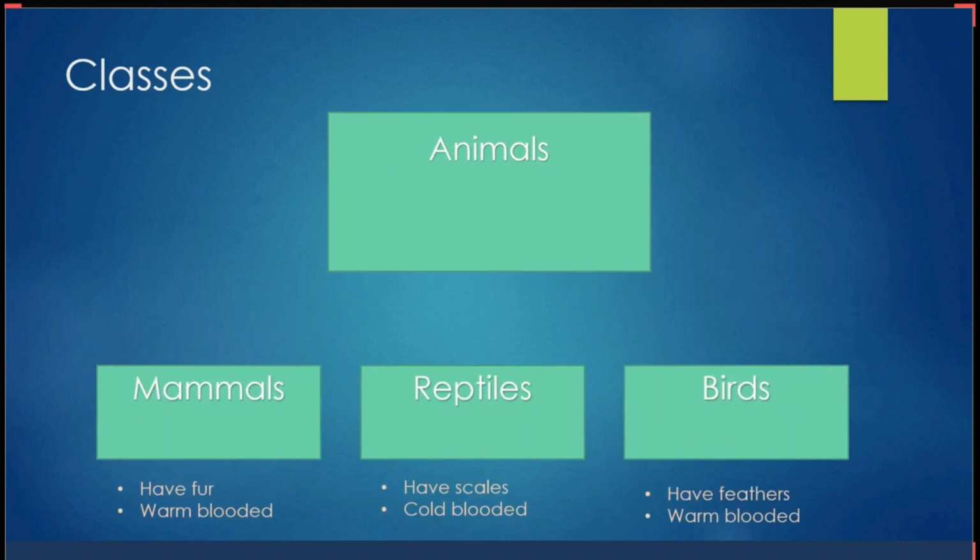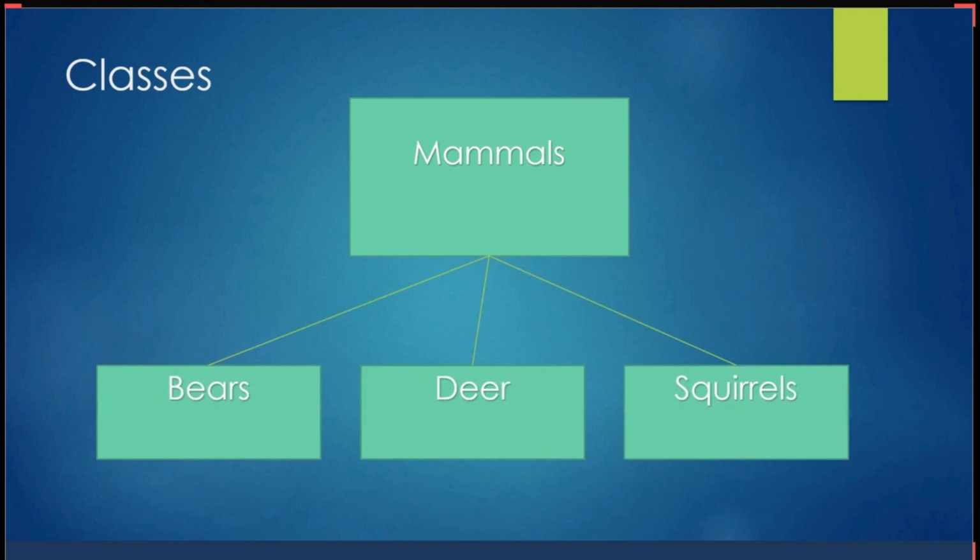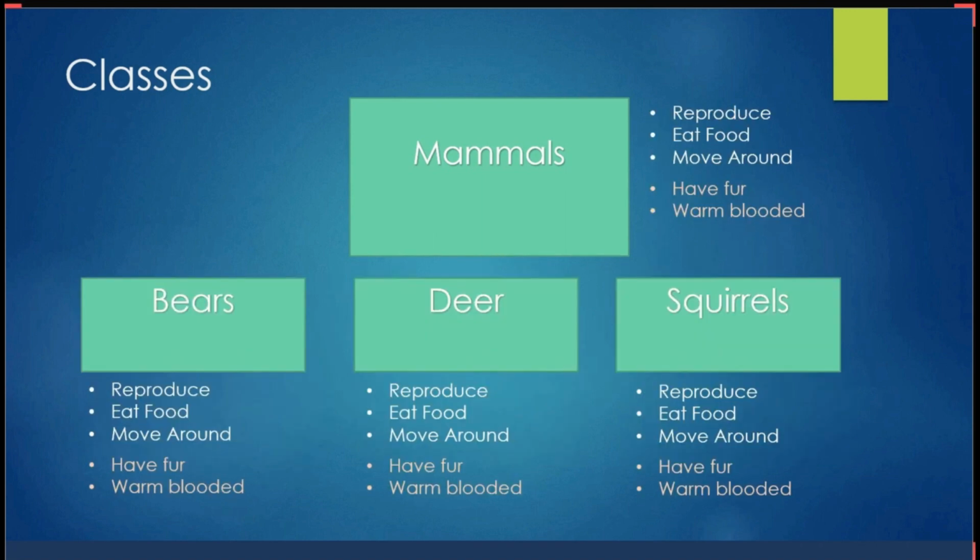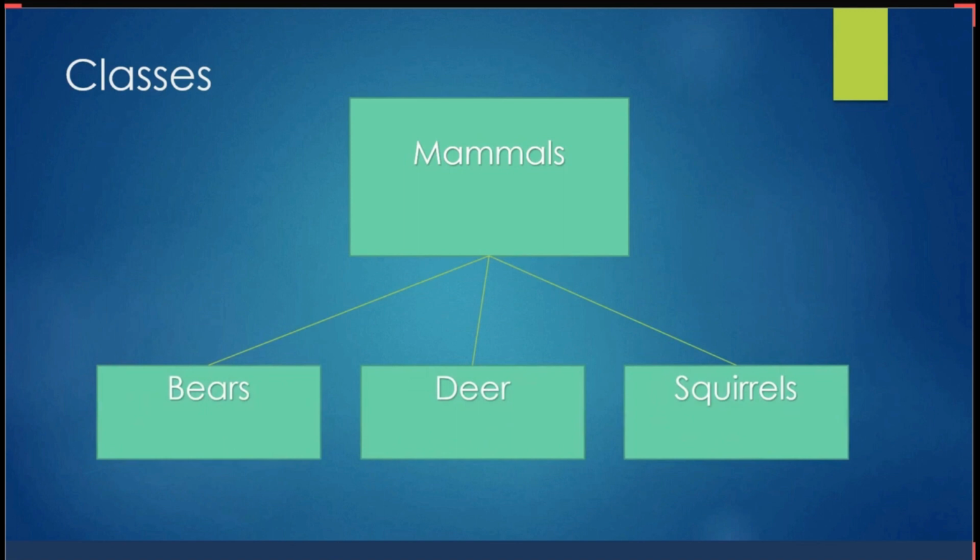So now let's take a look at the mammal type for an example. So we'll take just the mammal now. In the mammal type, we know mammals are a type of animal, but there are in fact different types of mammals as well.